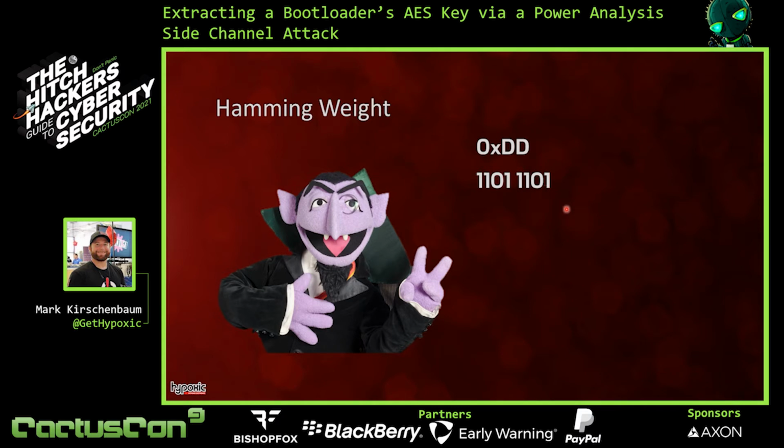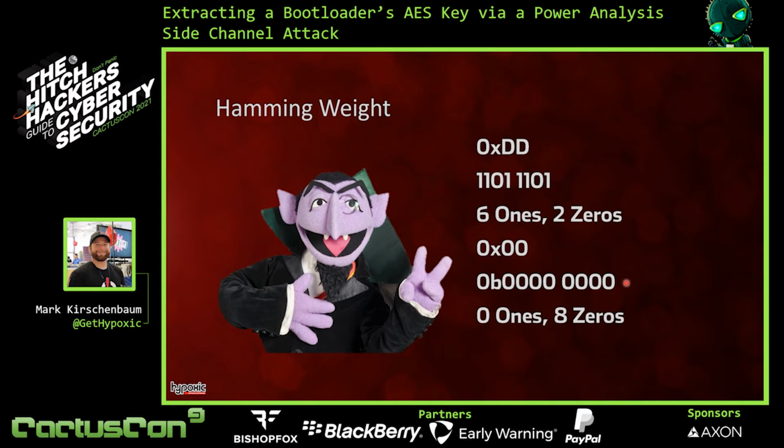So the Hamming weight of DD is 6. Likewise, if we have a hex value of 0, the Hamming weight of it is just going to be 0 because there's no 1 in this. Okay, so all we're doing now is we take all values that a byte could be from 0 to 255 and determine the Hamming weight of it, and we'll get basically 9 levels of Hamming weights that a number can have.